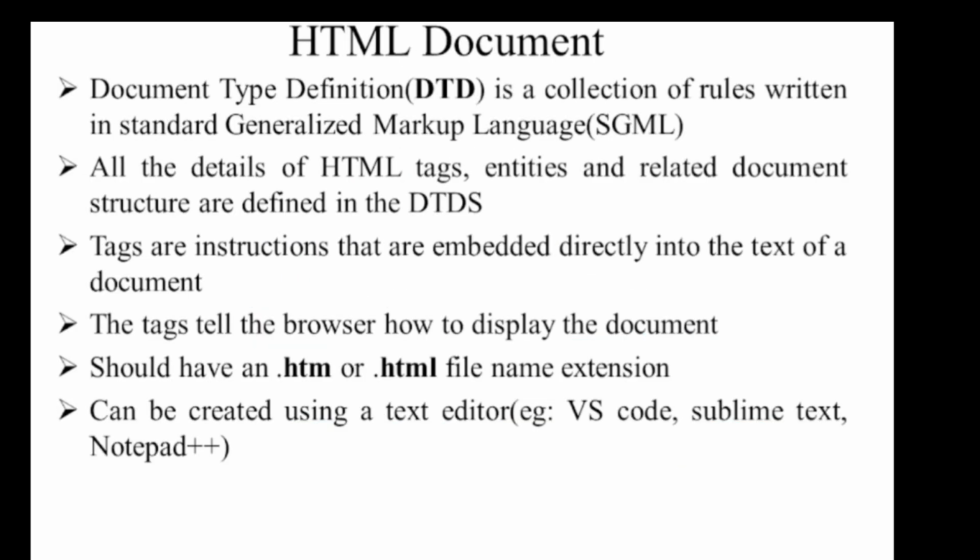The next point. When it comes to HTML documents, we have already said a lot. There is the document type definition. The document type definition is a collection of rules written in Standard Generalized Markup Language.